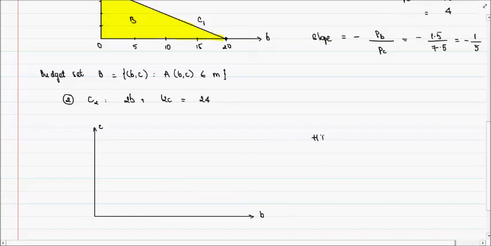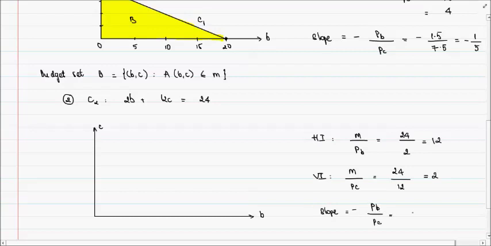The horizontal intercept is M divided by PB, and that is just 24 divided by 2, and that is going to give me 12. The vertical intercept is M divided by PC, and that is just 24 divided by 12, and that is going to give me 2. The slope of the line is just negative PB on PC, and that is negative 2 on 12, and that is negative 1/6.